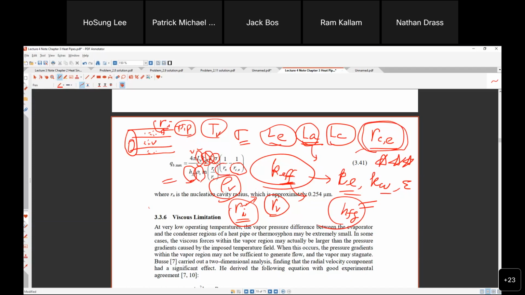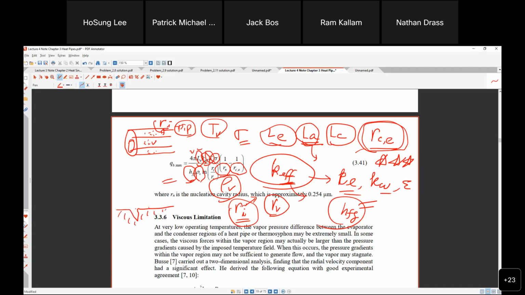Now, R of N is nucleation cavity. So what is a nucleation cavity? It is the theory of boiling, the cavity. This is a solid.